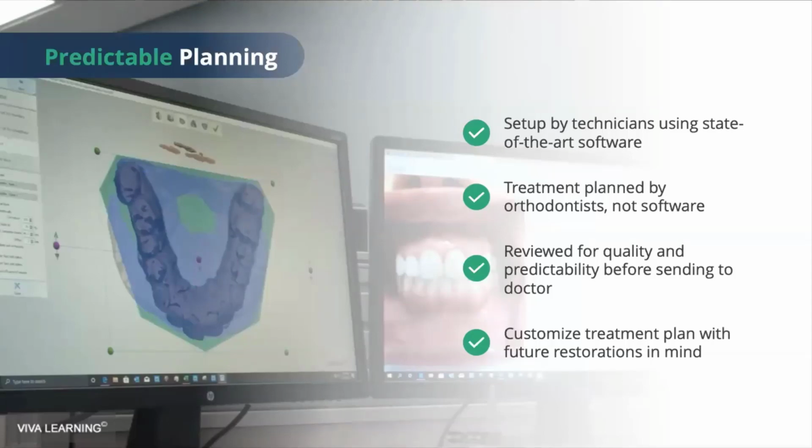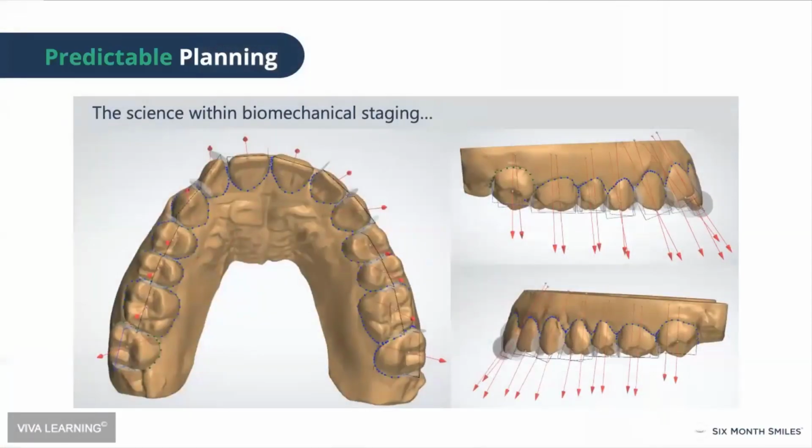Obviously, customize a treatment plan with future restorations in mind. If, as I mentioned at the beginning, you have a plan that will require some restorations after orthodontic treatment, you need to keep that in mind, and the company that you're using needs to be aware of that and capable of taking that on as well.